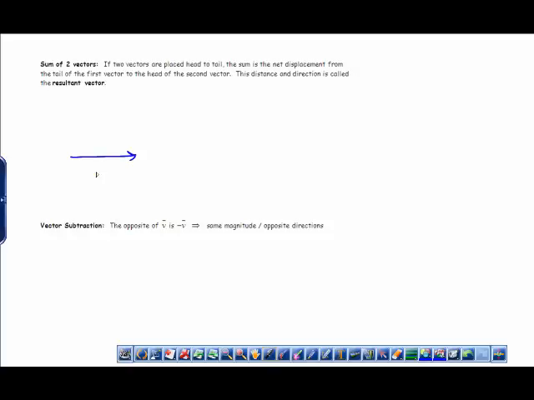So let's say here you had vector x, and then from the head of this vector and a tail to another vector, here you had vector y. Different magnitude, different direction. I guess they could be the same, but we'll just say in general they're going to be different.